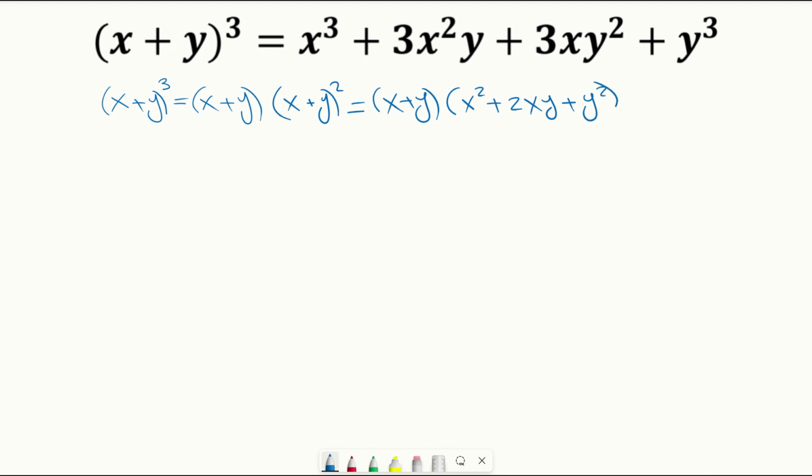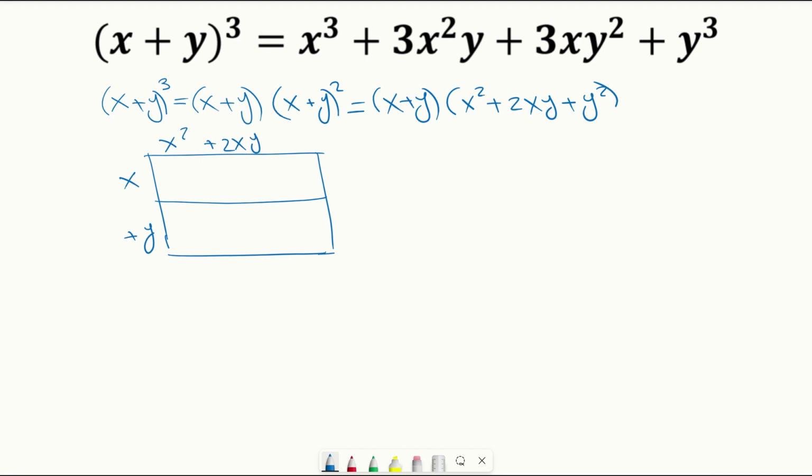So we can just multiply that out. I'll use the rectangle or box method. So we can put x plus y here vertically, and we can put x squared plus 2xy plus y squared here horizontally, and then we'll just multiply it out like a times table.